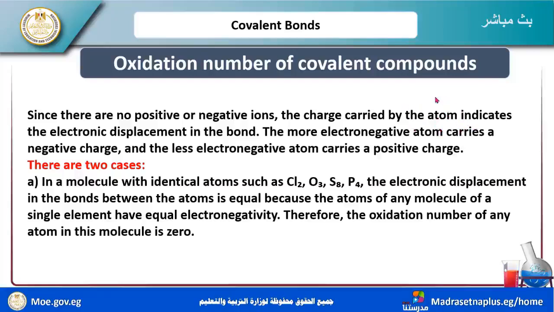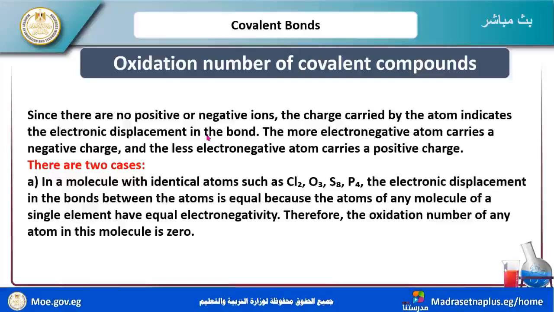If the atom is alone, like oxygen or nitrogen, no, the oxygen atom is single, but this atom must be related or attached to another atom in the compound. Okay, this indicates the electronic displacement in the bond.